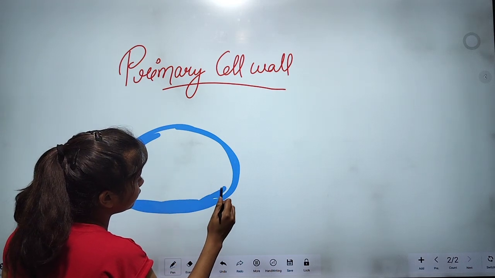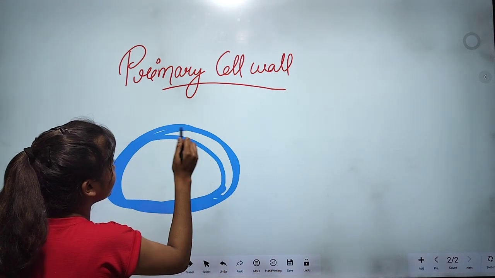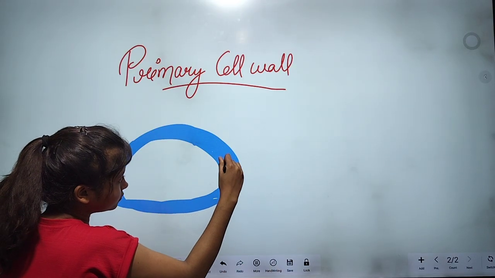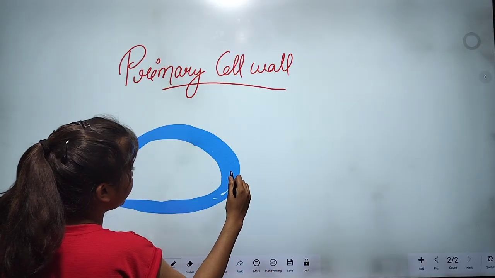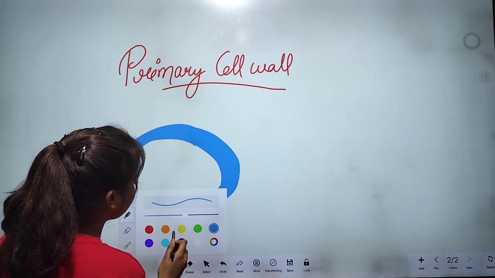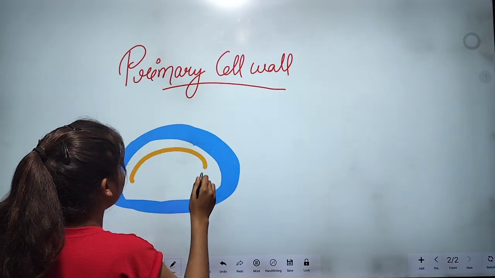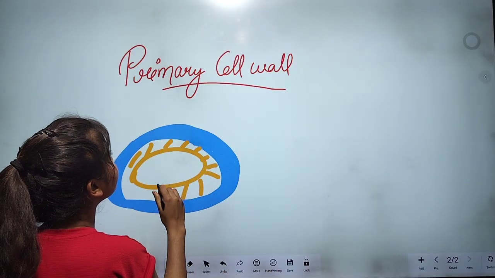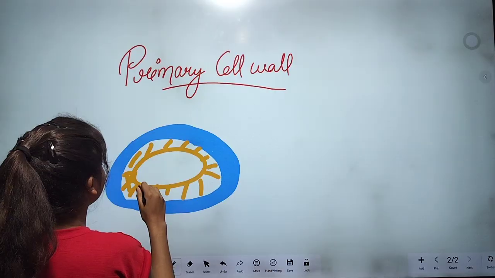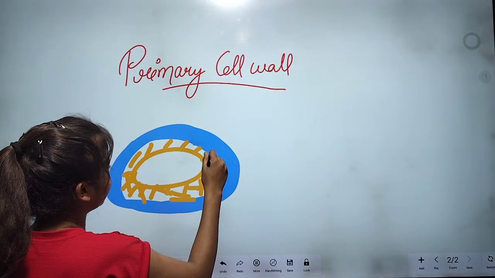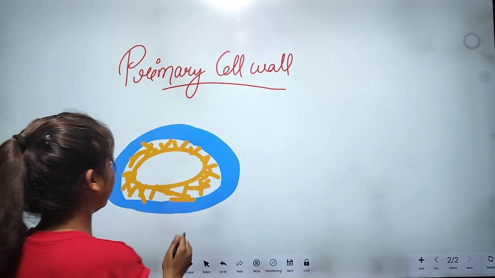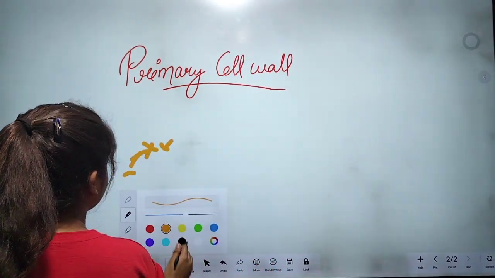You all know that this is the middle lamella. The primary cell wall is just after the middle lamella. The next layer is our primary cell wall. So let's discuss this.